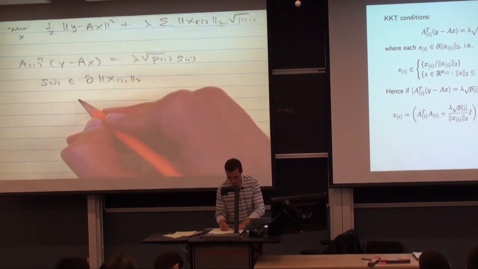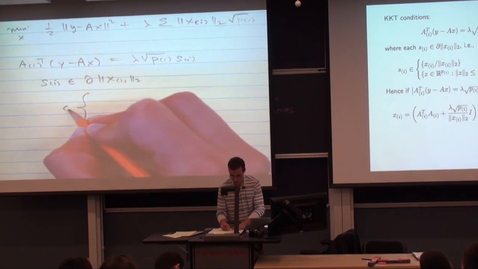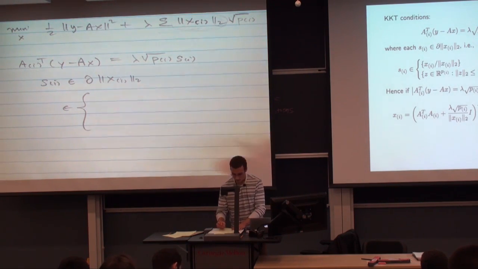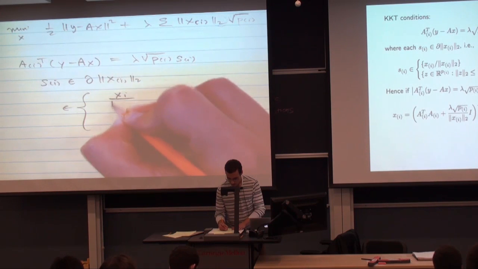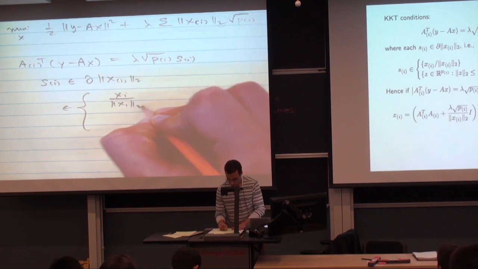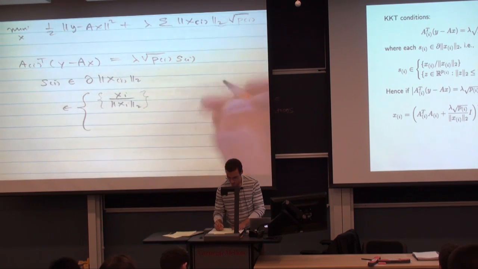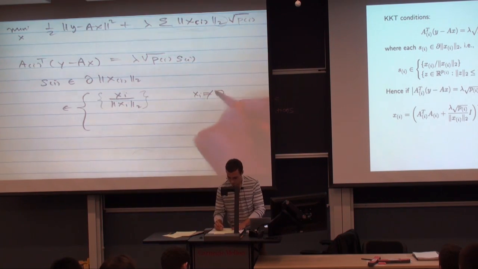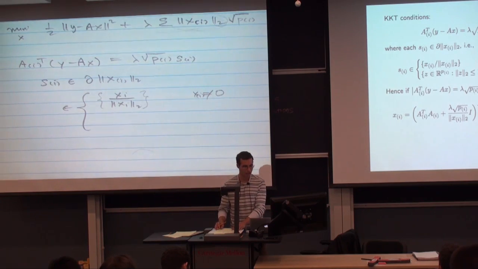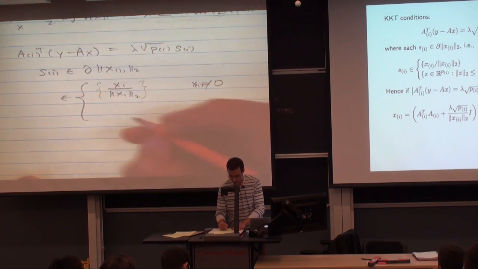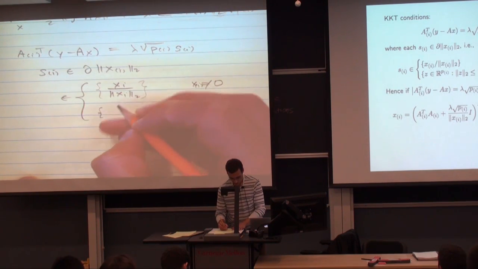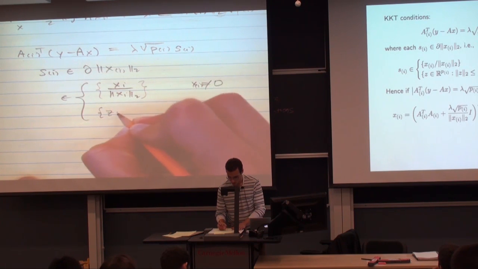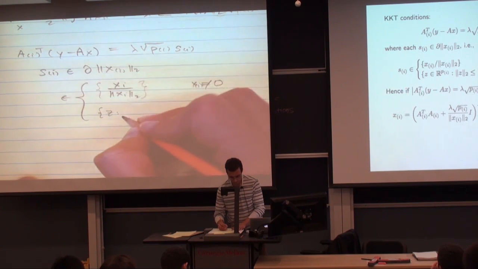Okay, so what is that? We can write that explicitly from what we know about subgradients. That's either equal to xi over its norm, if xi is non-zero. So it's just the gradient in that case. Otherwise, it's anything in the unit ball, the unit L2 ball.